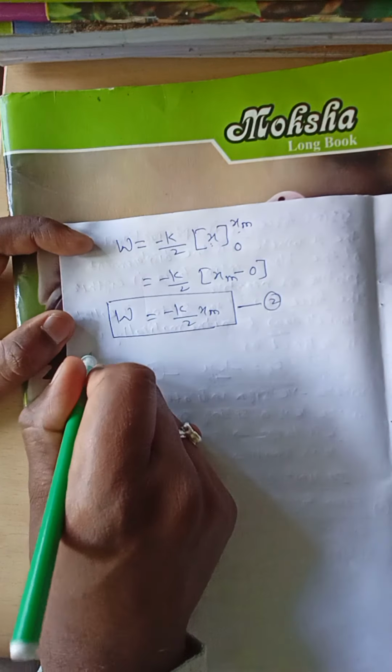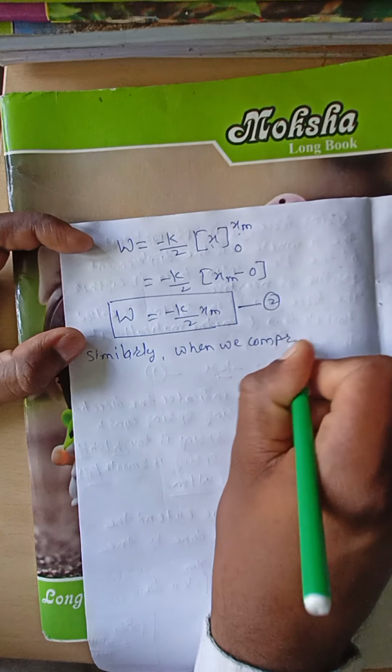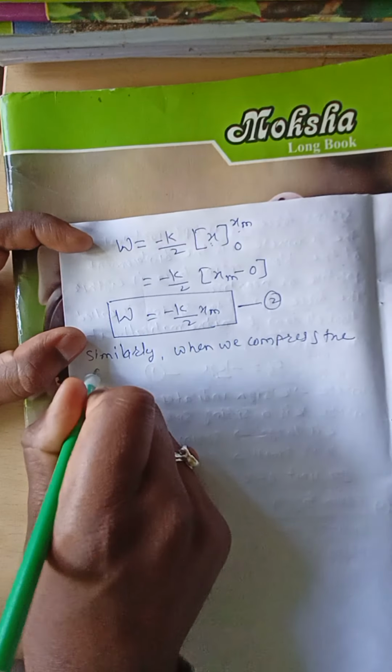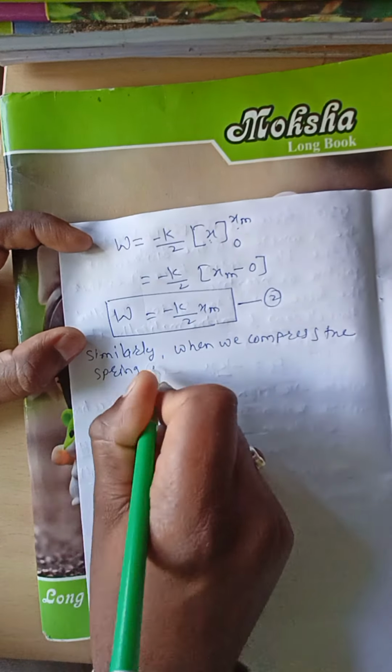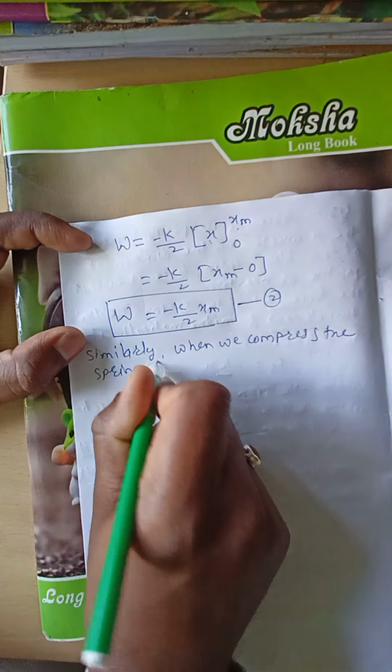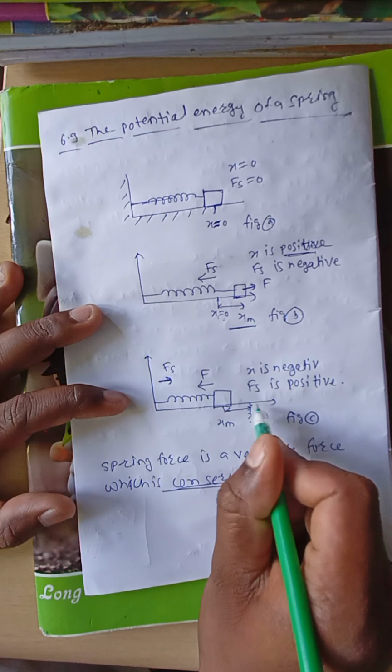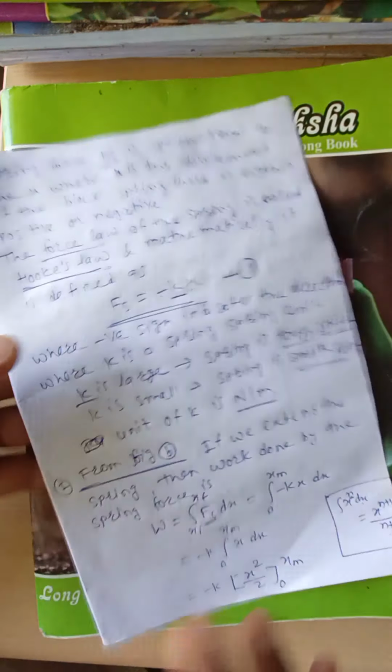Now similarly, when we compress the spring, from figure C, when you have to compress the spring, its initial position is x equal to 0 and the final position is xm.